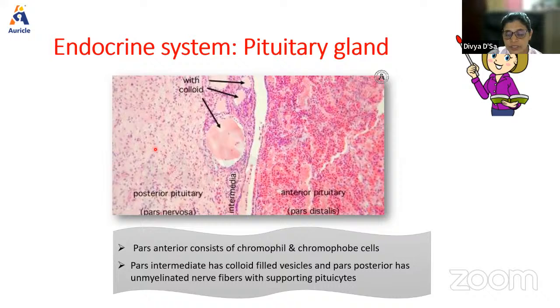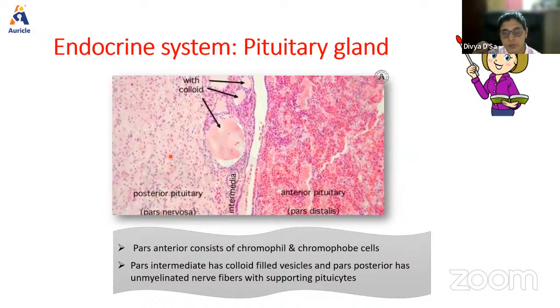So here these are axon terminals, because their neuron cell bodies are located in the hypothalamus. So the cell bodies of these axons are not in the posterior pituitary. Here the terminal ends form a small swelling, which is called Herring bodies.